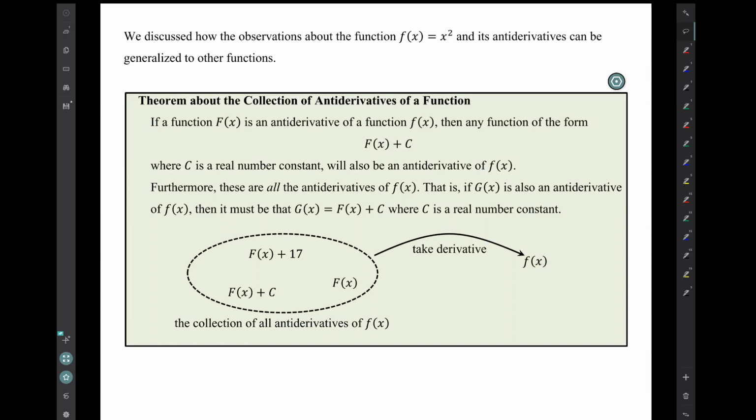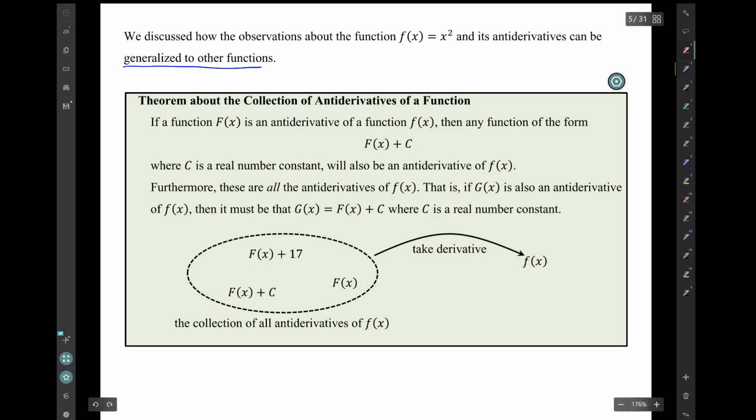We discussed how these observations about the function little f of x equals x squared and its various antiderivatives can be generalized to other functions. And that generalization was this theorem about the collection of antiderivatives of a function.